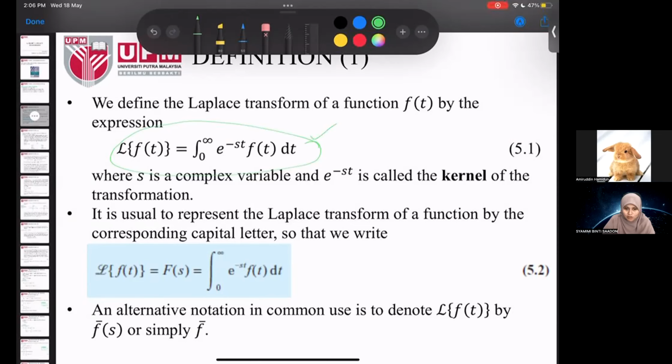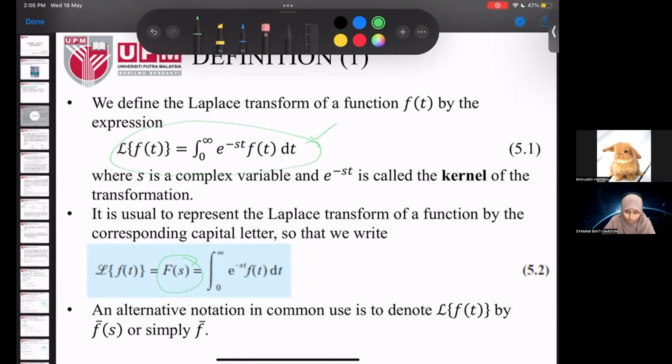Where s is a complex variable, so it can be a complex number. And e to the power of minus st is called the kernel of the transformation. It's just the name. We can also write the Laplace transform in terms of the function that we call capital F(s). This is the notation that we use for Laplace transform.